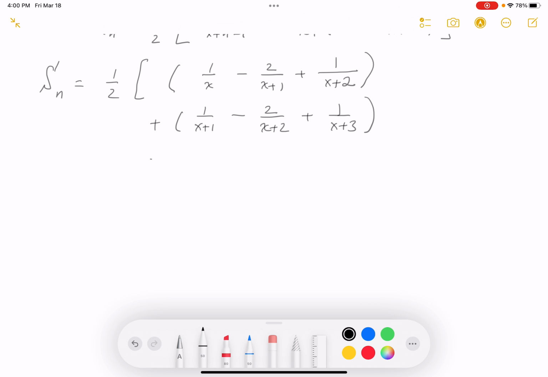Let's keep going. Okay, I gotta do the next one, don't I? Let's take a look. 1 over x plus 2, minus 2 over x plus 3, plus 1 over x plus 4. Okay, I'm looking, and I want to go forward on it.